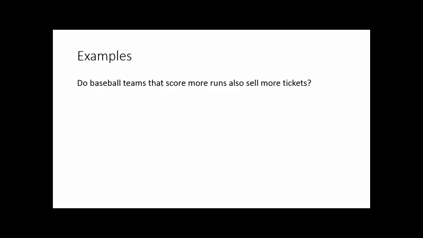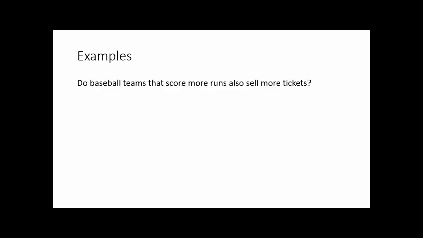The notion is that a team that scores lots of runs is interesting to watch, and so more people will come to the baseball games. Is that the case? Before we decide that, in this example we want to decide which of those two variables, the runs scored or the number of tickets sold, should go on the x-axis and which should go on the y.